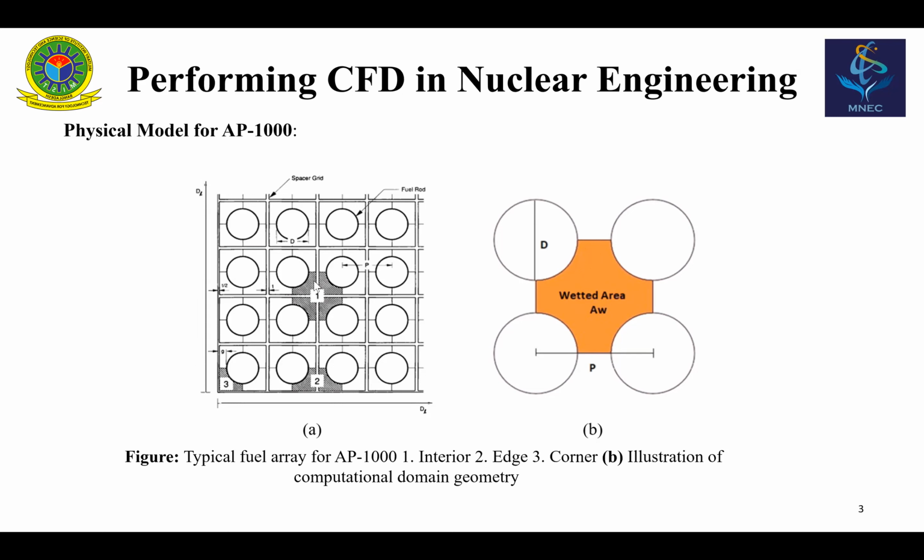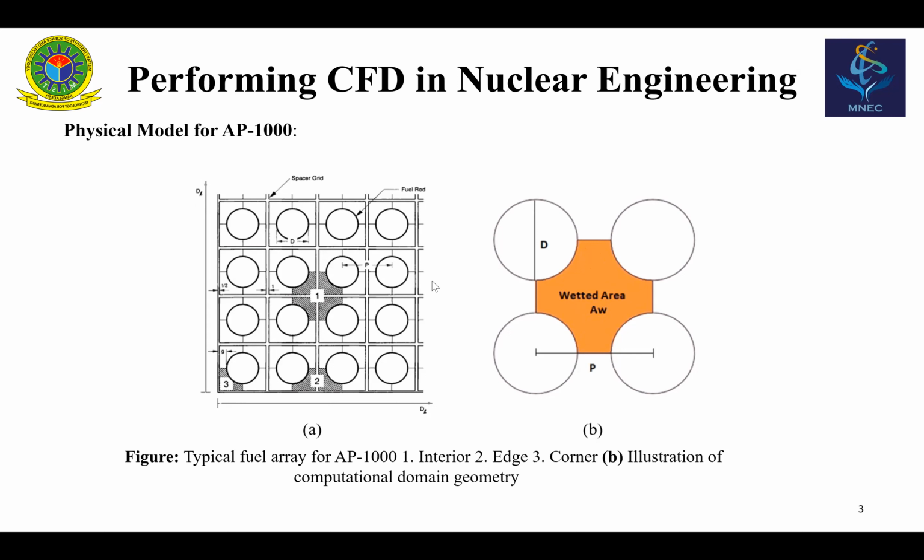In this single fuel subchannel, the water will flow, and it will take the heat, it will be heated, and then in the secondary circuit, it will transfer the heat to the steam generator.